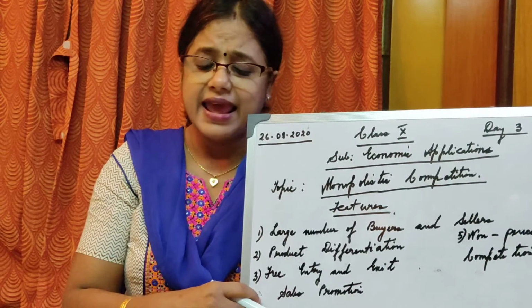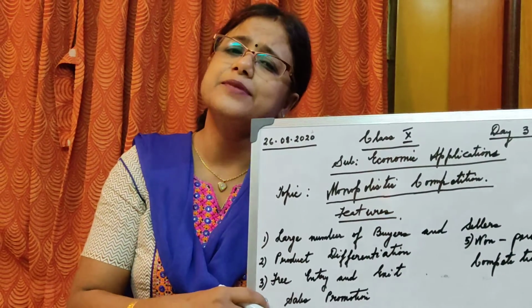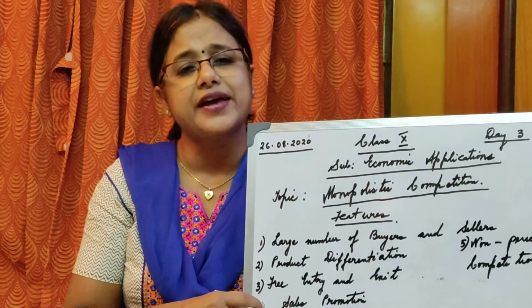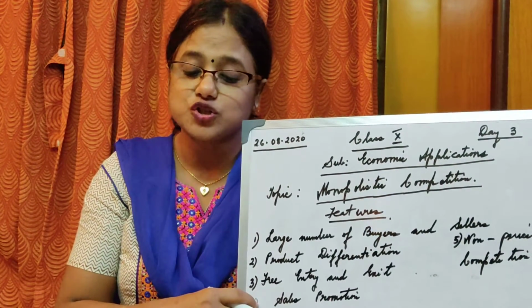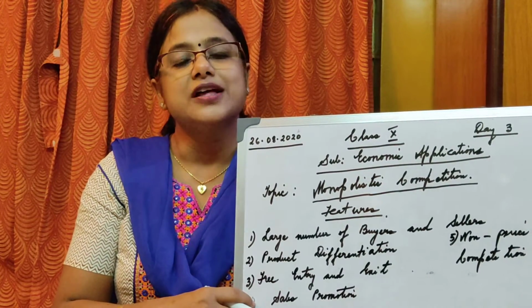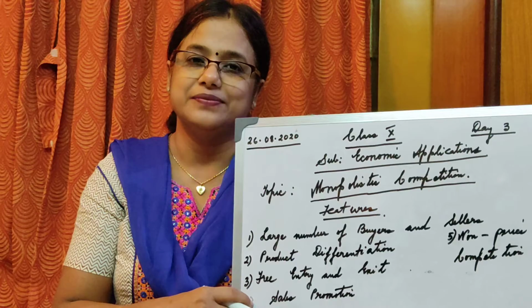But every firm can reasonably assume that any action on its part will affect the rival firms so insignificantly that it need not bother about the reactions of the rival firms.